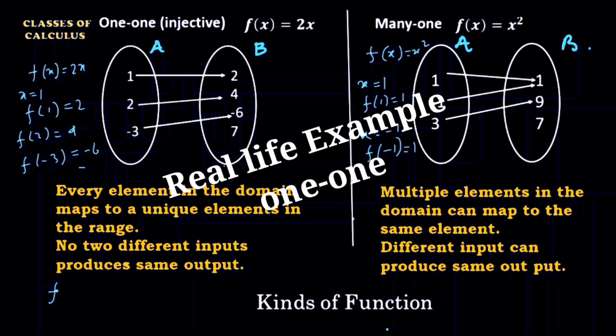If f(x) is the function of ID number to students, then the function is one-to-one because no two students share the same ID number. So you can call this function an injective function.